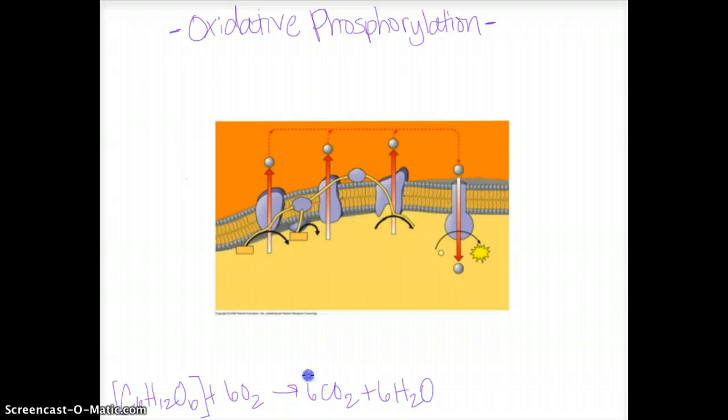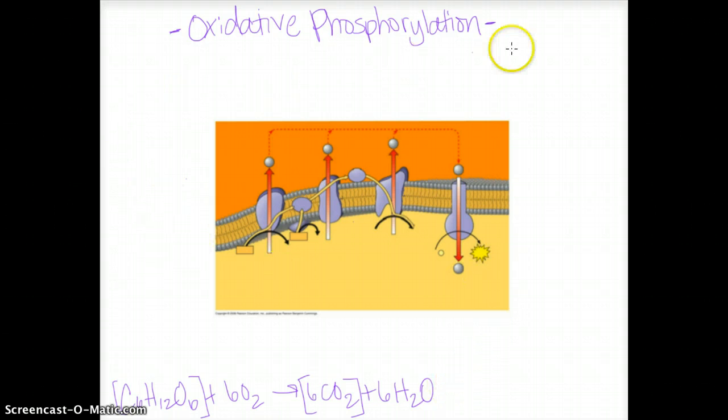We've accounted for all of our carbon dioxide waste. Some of it was released in the transition step, and some was released in the Krebs cycle. So now we still have to deal with water and oxygen, which are our other two factors in our equation here. We'll make sure we come back and address those before we're finished.